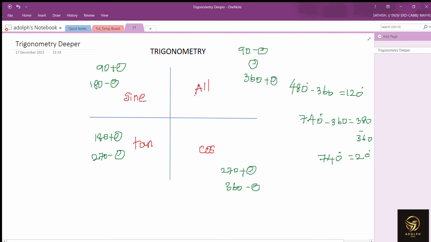To keep this in your mind, you can remember the sentence "All Silver Tea Cups". All refers to all the ratios of trigonometry being positive in the first quadrant. Sine alone is positive, which says that cos and tan are negative in the second quadrant. Similarly, tan is positive in the third and cos is positive in the fourth quadrant. Let's see how it is affecting the values.